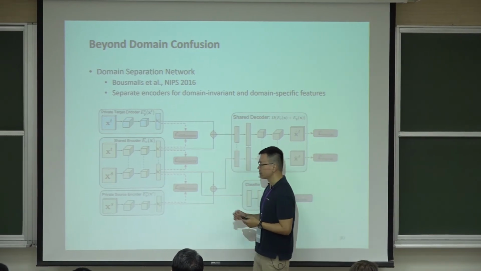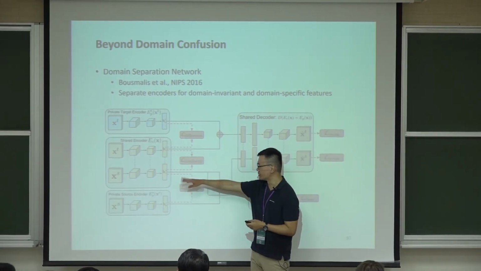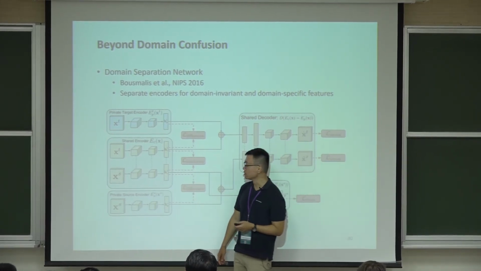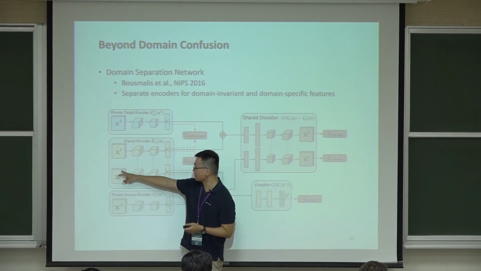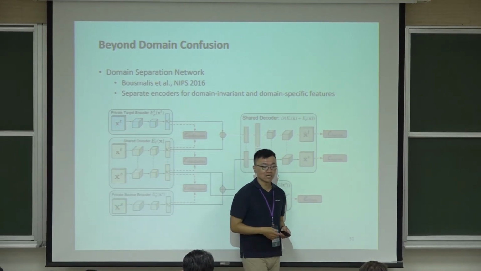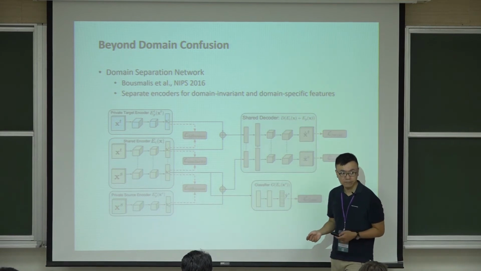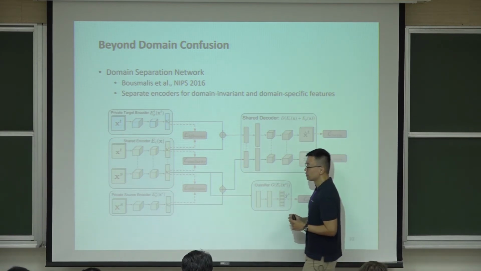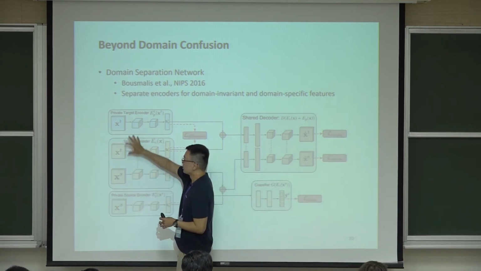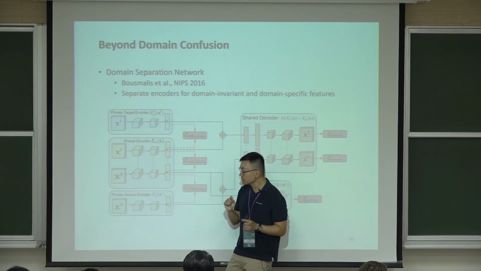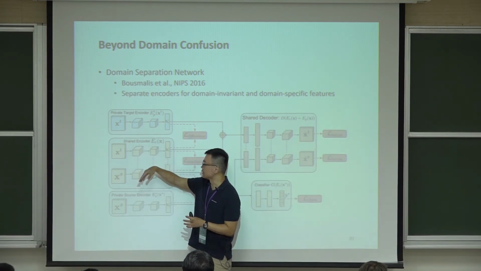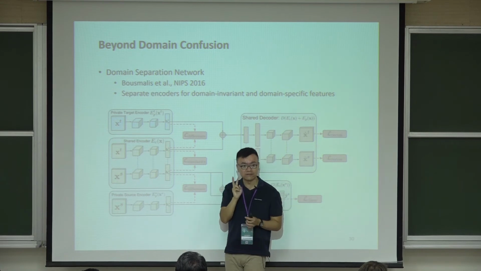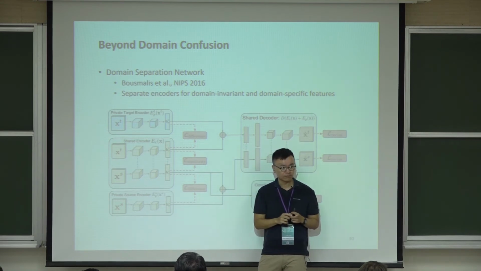Okay, so let me briefly explain the notations. Again, the superscripts H and T indicate source and target, respectively. You can see that when they deal with source and target domain data, of course, they feed the source and target domain data into their encoders, but they have two different types of encoders.